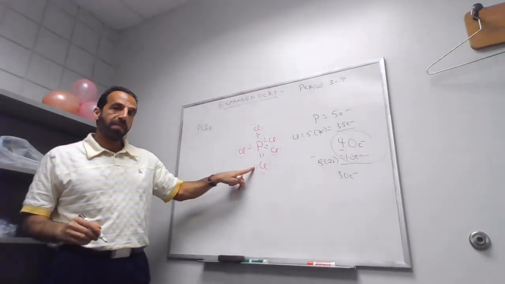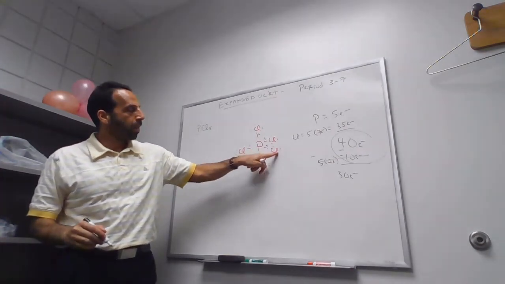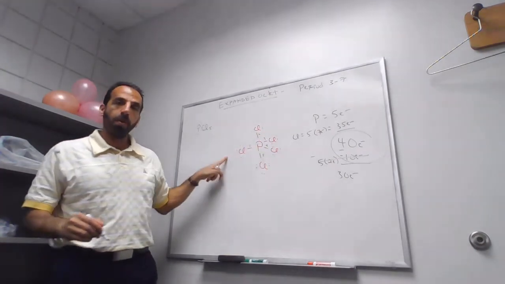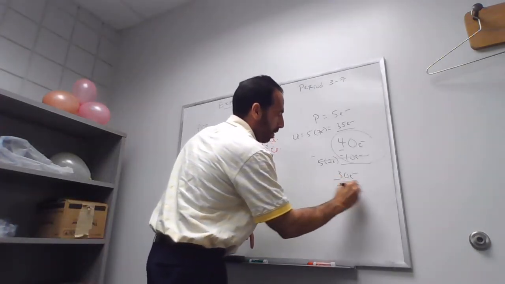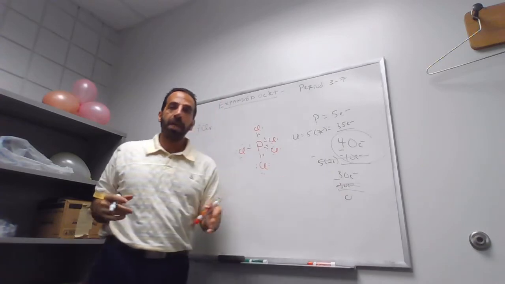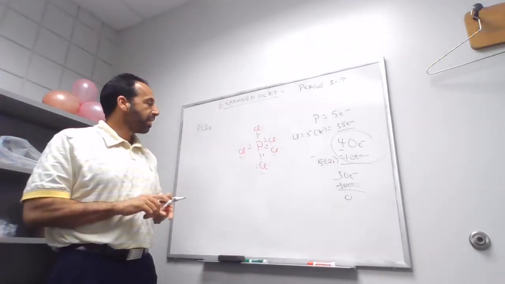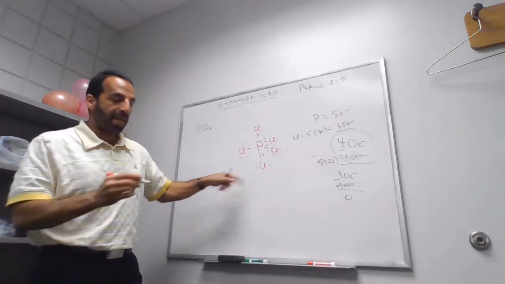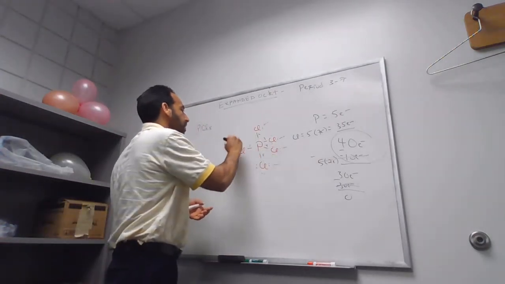Each one of these chlorines has 6 electrons: 1, 2, 3, 4, 5, 6. So that's 6, 12, 18, 24, and 30. So all my electrons are used up. I can't add any more, can't put any more in the central atom. Now each one of these chlorines has 8 electrons, so these chlorines are set.